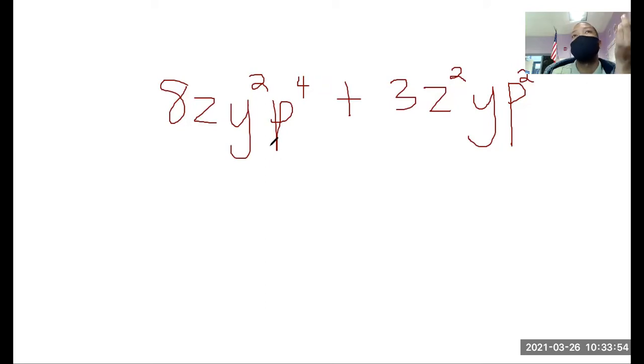In this case, I'm not gonna write 1 because 1 is 1. Like, why do I need to write 1? Now let's go to the next part. Z and z squared. What can go into both of these variables without leaving a remainder? What's common between both of them? Yes, just z. Now let's look at y squared and y.